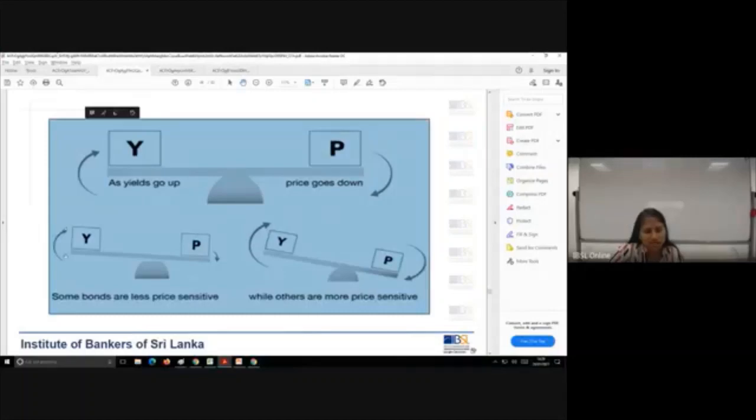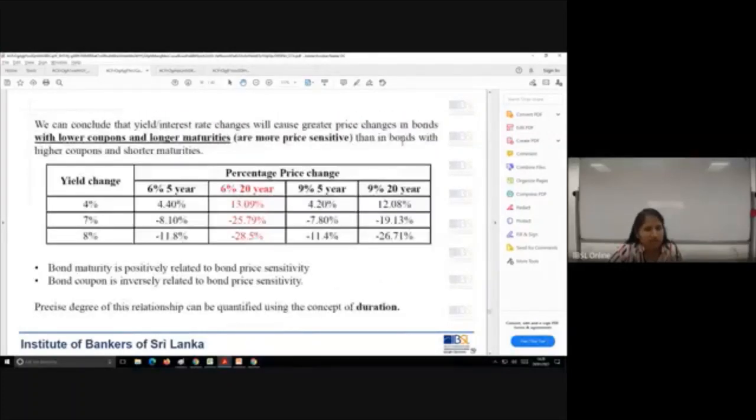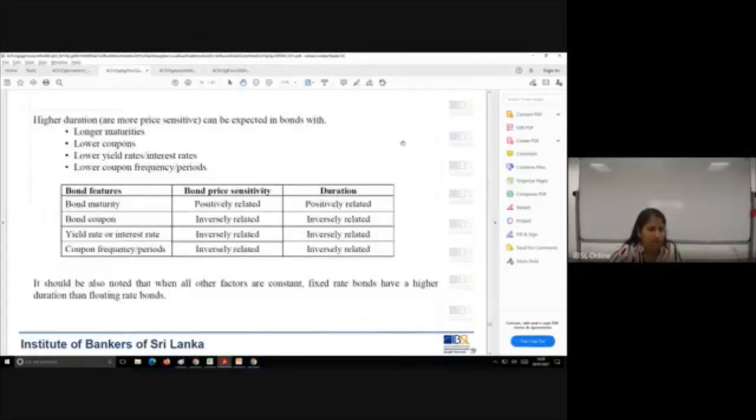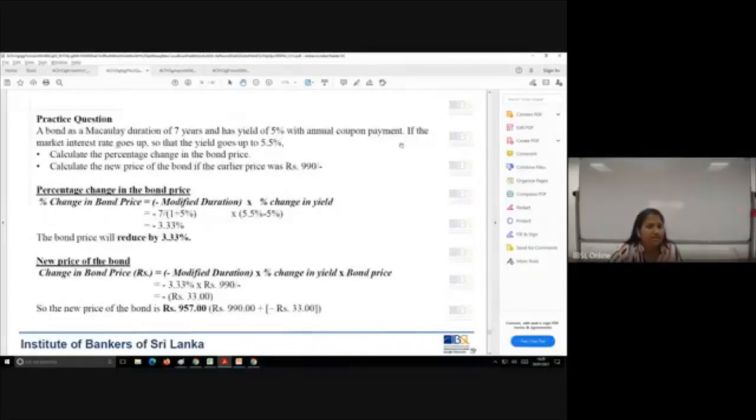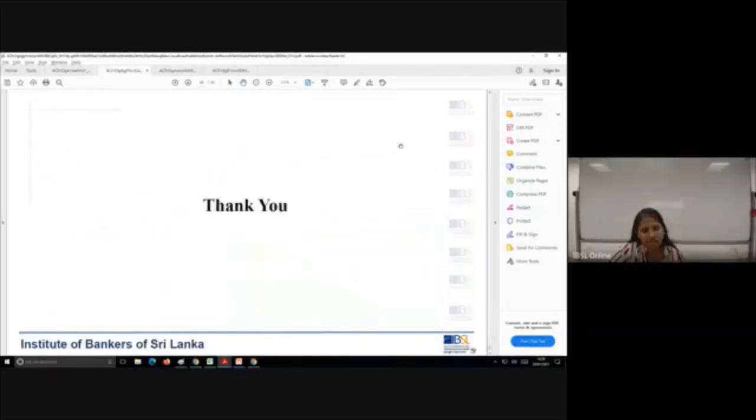But for certain bonds, it's a very strong relationship. For certain bonds, it's not so strong. Why is that? Why is it different? That is what we are going to learn about. So that will be the longest part of the lecture. And with that, we would obviously wind down the bond or the debt market lecture.